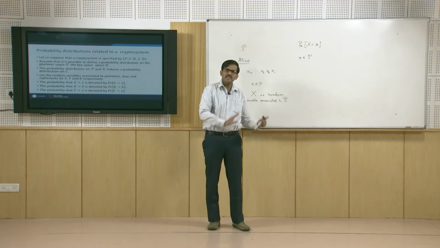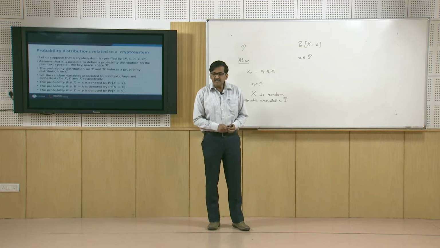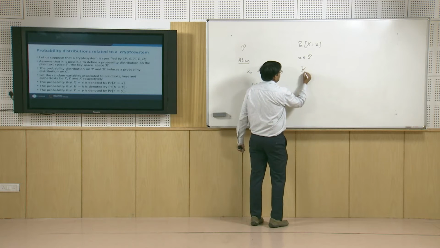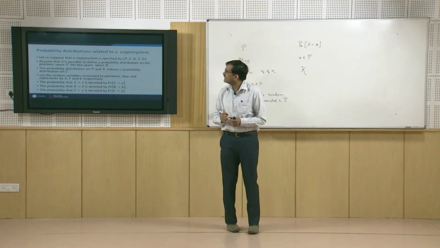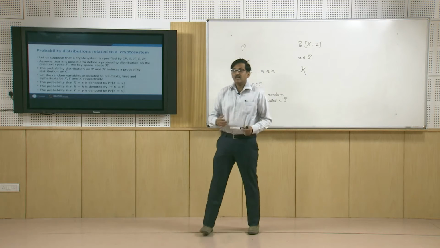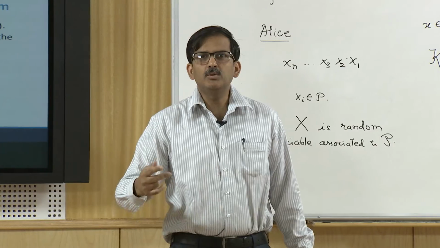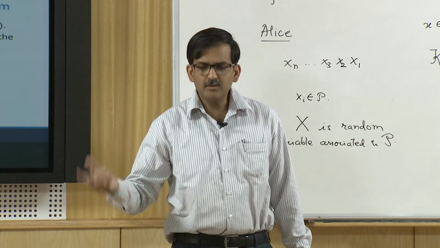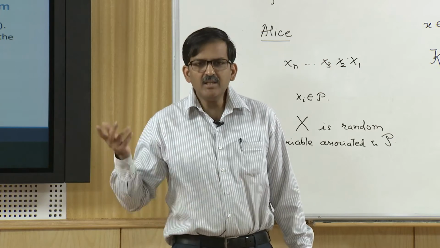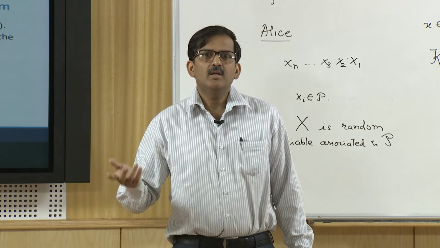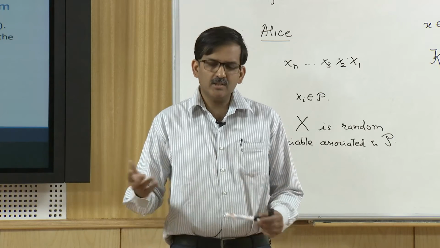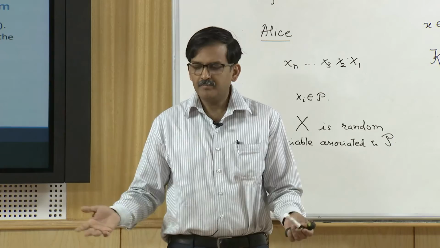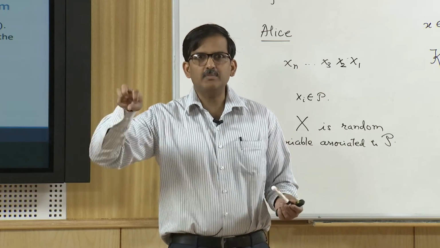On the other hand, Alice also chooses a key and transfers the key through a secret channel to Bob. That key is chosen from the key space, which is denoted by script K. Each time Alice wants to send an encrypted message to Bob, she has to choose a key. That key is also associated to a random variable, because Alice is choosing the key randomly from the key space.